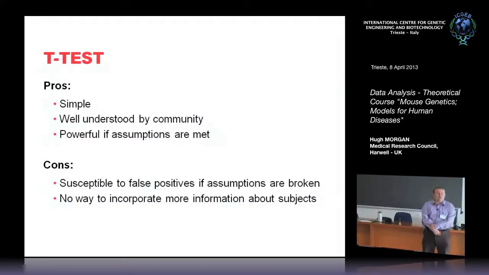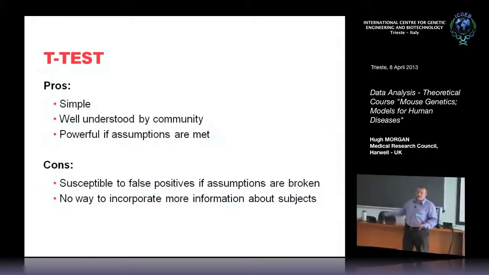The T-test, the pros: simple to do, both computationally, it doesn't take the computer very long to do it, and it's quite easy for the humans. This is actually implemented in Excel and everywhere. It is well understood by the community. An awful lot, if not the majority, of results in scientific papers are likely to quote the T-test.